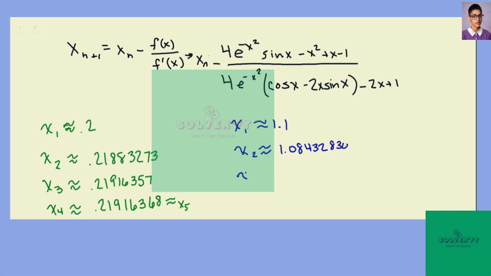I plug that in for my x value, and I get 1.08422462, and I get the same thing for x₄, so I stop there. Those are my two answers.